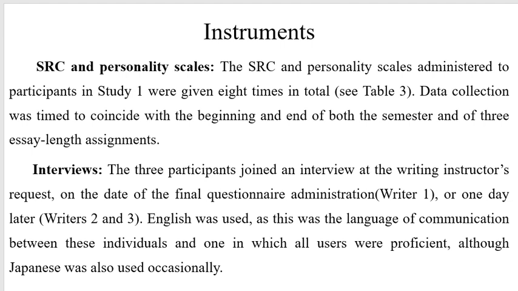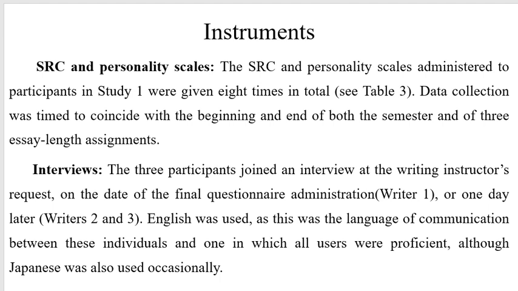This is a page introducing the instruments of Study 2. There are 2 instruments. First are the questionnaires we have mentioned in Study 1, the SRC and personality scales. Data collection was timed to coincide with the beginning and the end of both the semester and the 3 essay-length assignments. Then there are interviews.